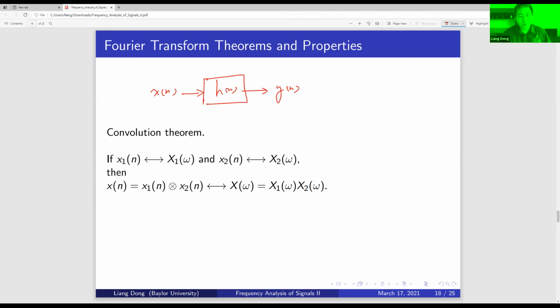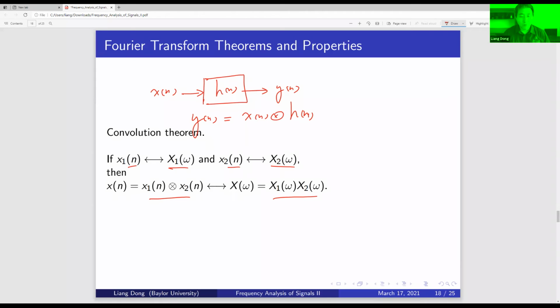Eventually, we need to deal with a digital system that is x[n] convolved with h[n]. So I need to know how to deal with convolution. So the convolution theorem said if I have two Fourier transform pairs, then the convolution in the time domain of those two signals becomes a product in the frequency domain of those two frequency signals.